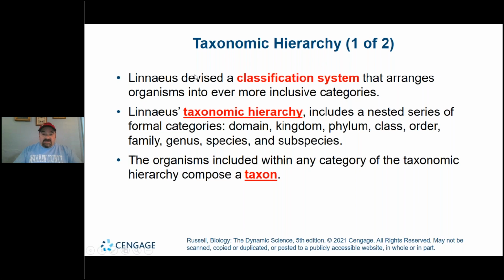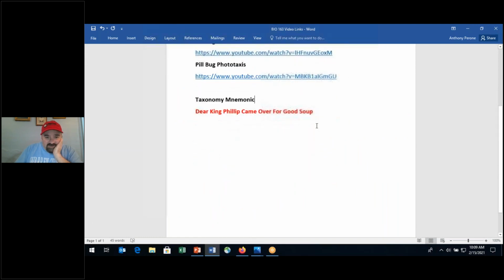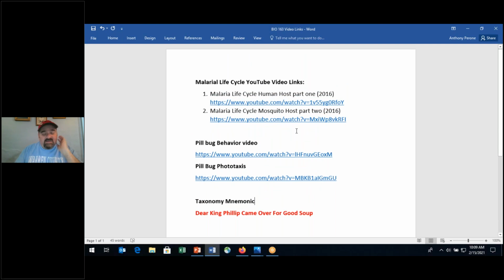So, the classification system, right? This hierarchy includes a nested series of groups, and you've heard of this, I'm sure: domain, kingdom, phylum, class, order, family, genus, species, and subspecies, okay? I'm going to post this also, so that you have it in a Word document with these links and additional information.